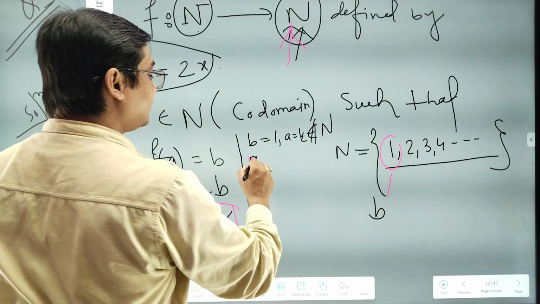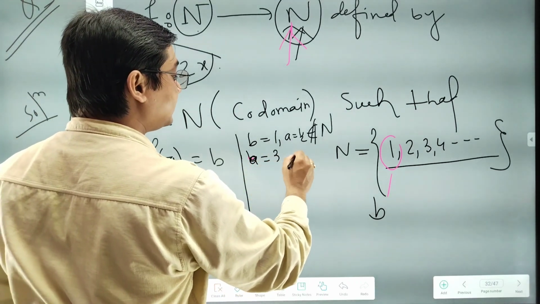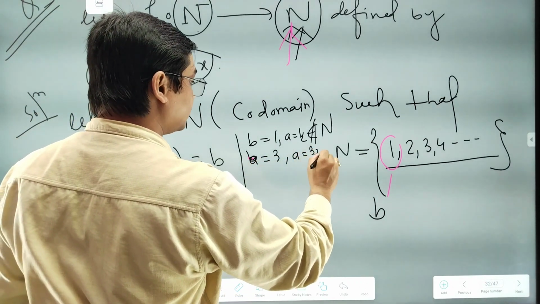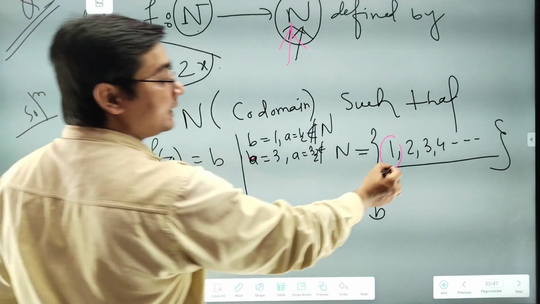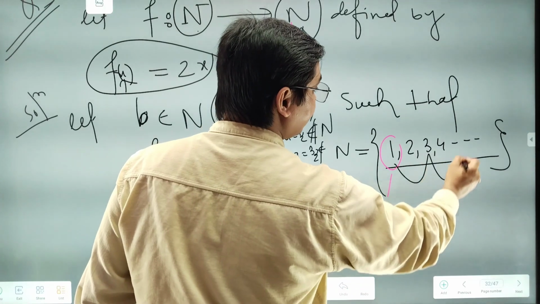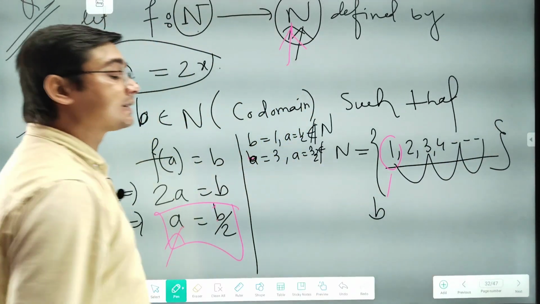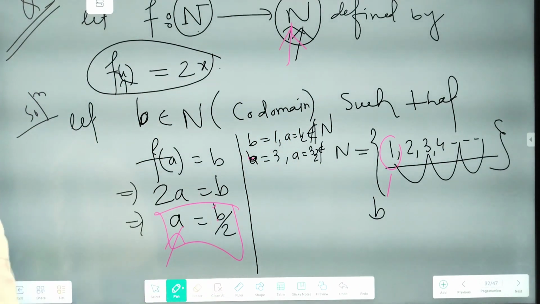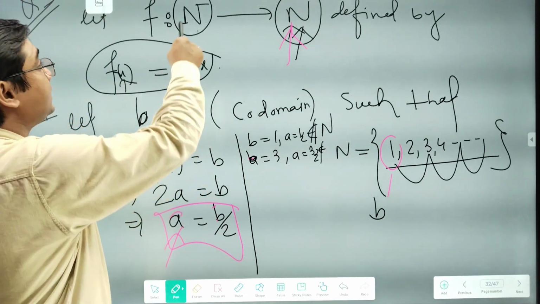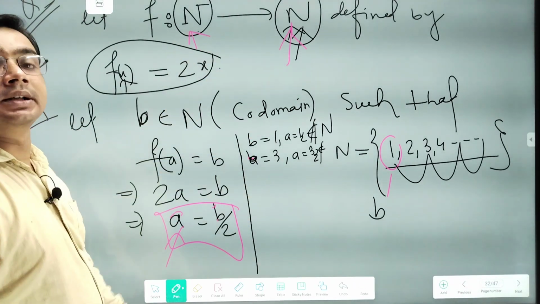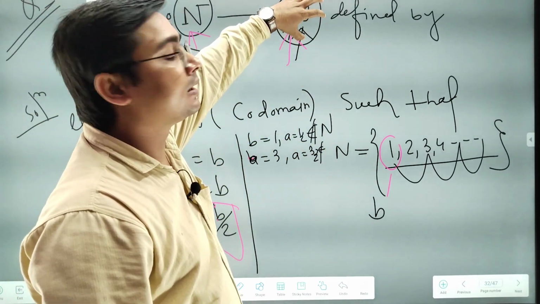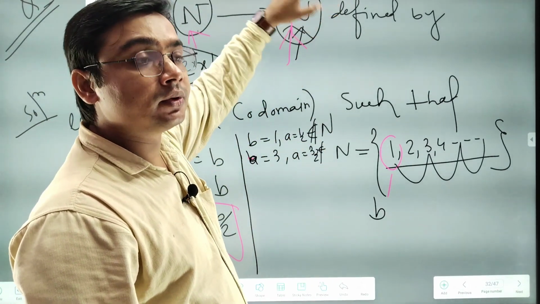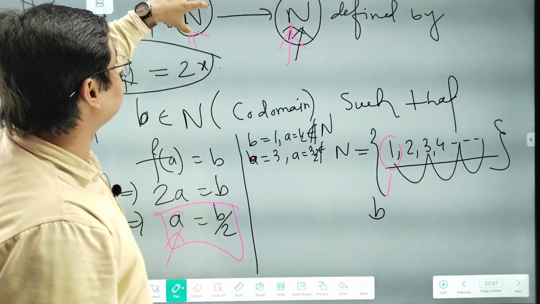Again, if we consider B equal to 3, then A will be 3 by 2. This also does not belong to N. So there will be many elements, like 1, 3, 5. There are many elements in this capital set N which have no preimage in this set.